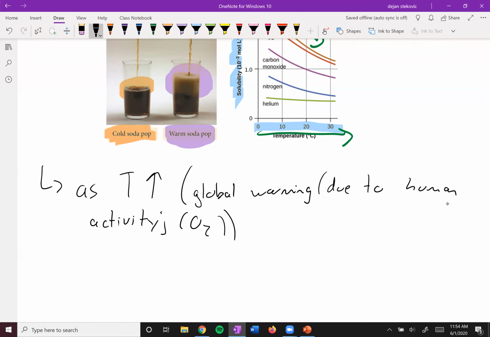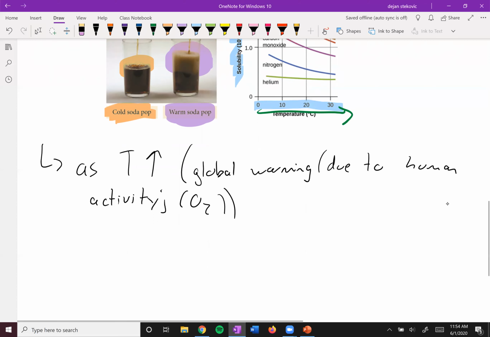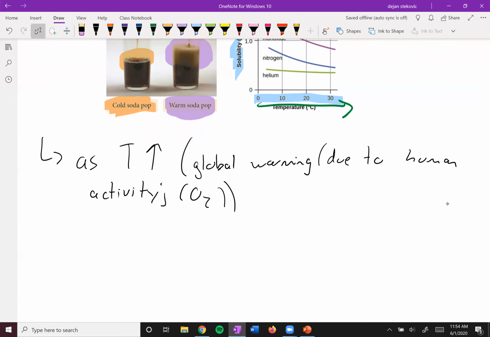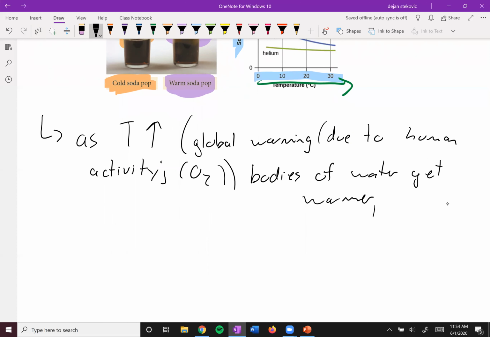And that is definitely a fact. Anybody who tells you that is not a fact or that's not happening, they're either an idiot or they're lying. And so as the globe gets warmer, the bodies of water get warmer. And when that happens, the solubility of O2 gas goes down.